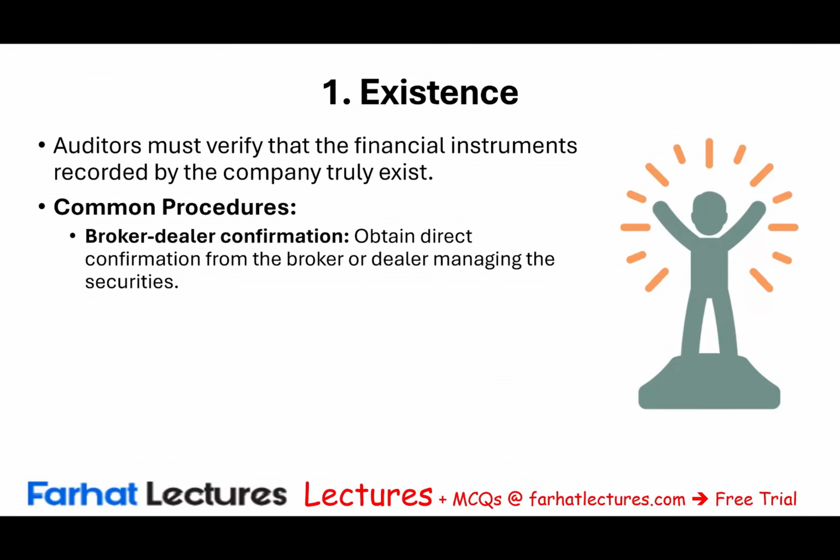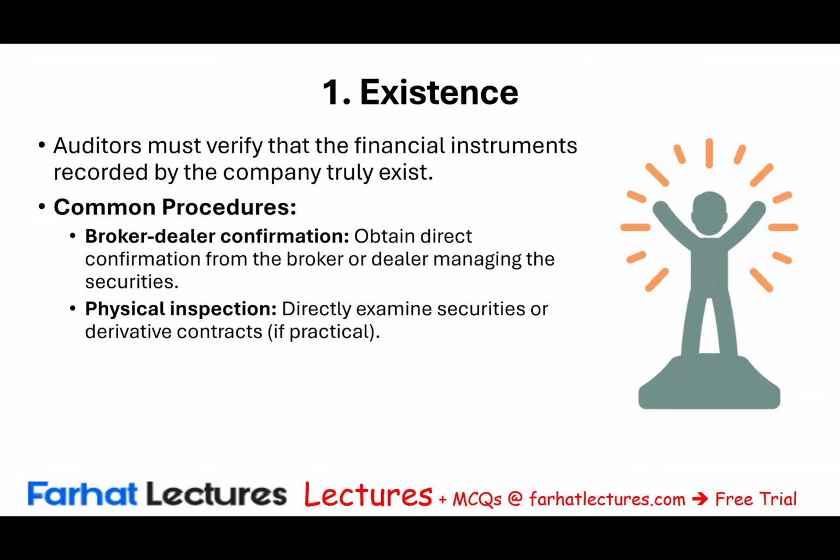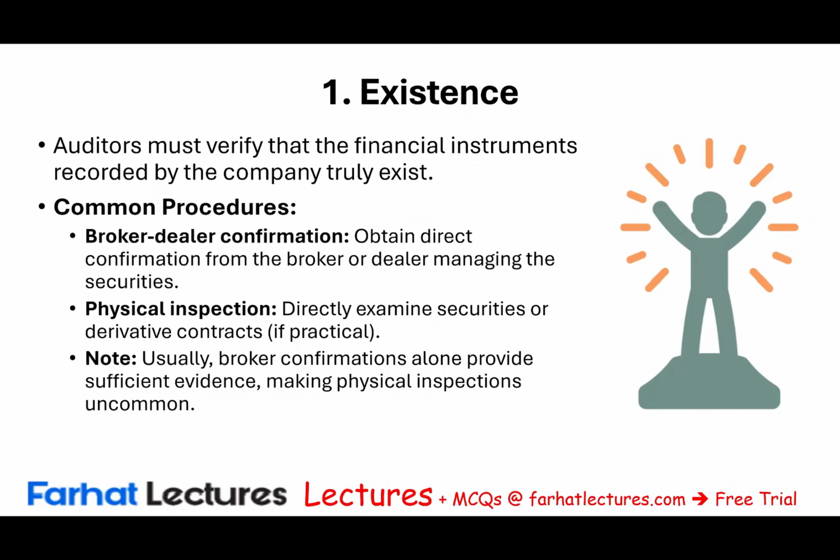So the broker-dealer will send you a confirmation that the securities actually exist, and that's what you need as evidence. Physical inspection is not really necessary because these days no one holds stock certificates anymore. A broker confirmation will suffice and will take care of existence.